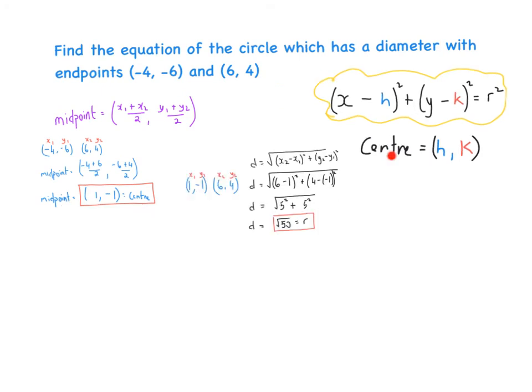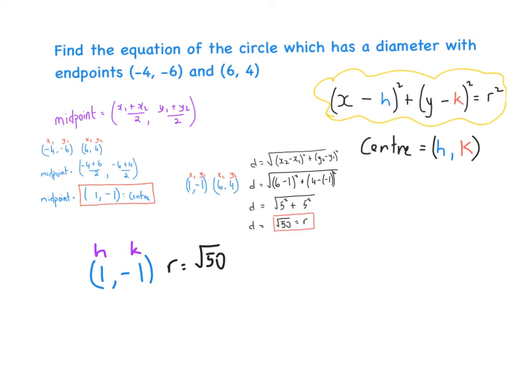Okay, so now we have a center and we have a radius, so we can sub straight into our formula for our equation of the circle. So our center, rewriting them again, is 1 comma minus 1, and we're going to label that h and k, and our radius is equal to the square root of 50. Again, leaving it at that because we're going to be squaring it in a minute anyway.